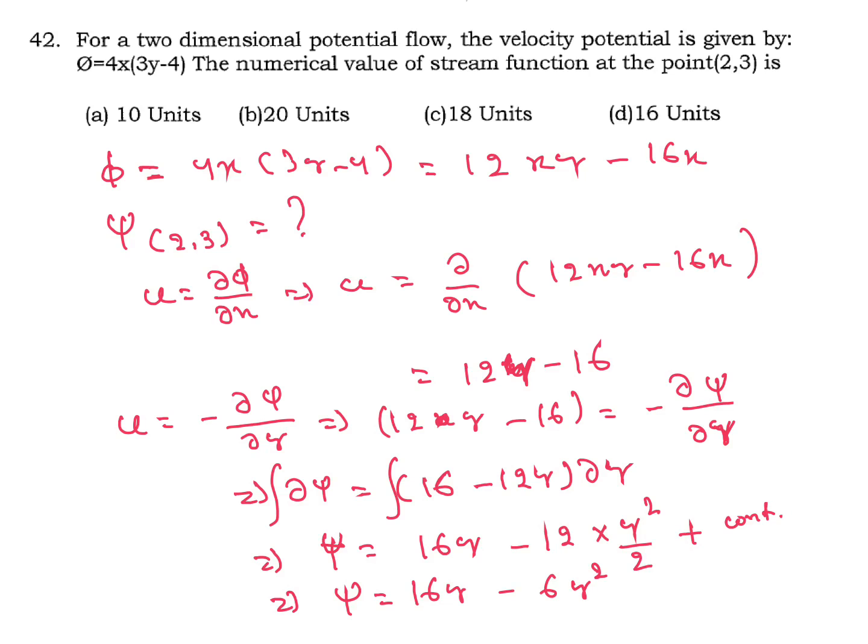Take it as equation 1. Next, v equal to del phi by del y. So v equal to del by del y of phi value 12xy minus 16x.